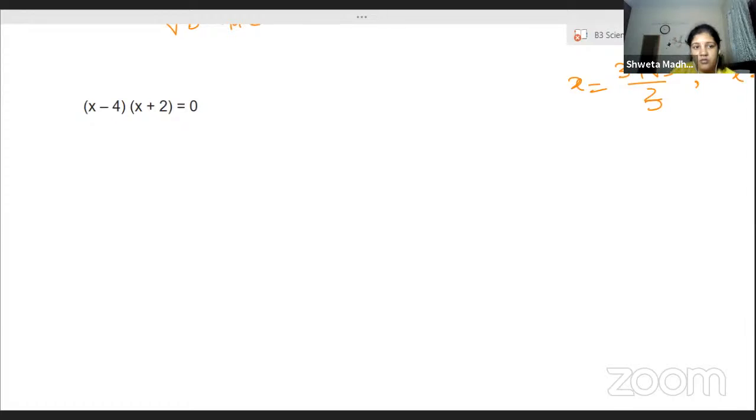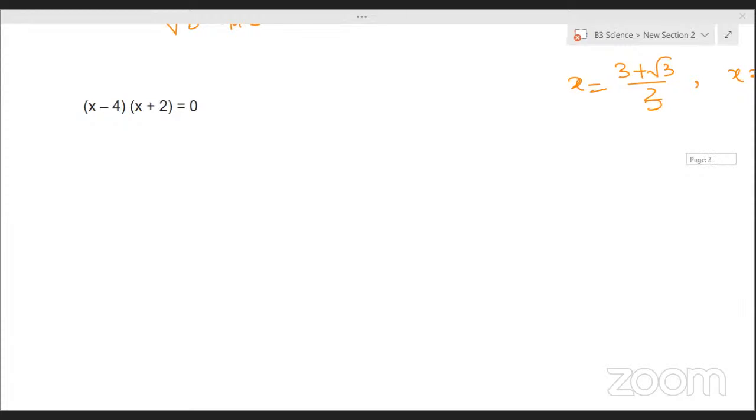Yeah, possible, I think so. 19. What is the answer written? Answer is there after the full exercise. Yes, ma'am. It's given 3 plus or minus root 13, but I'm getting root 5. So check the mistake you have done. Instead of addition, you have done subtraction in the b square minus 4ac form.